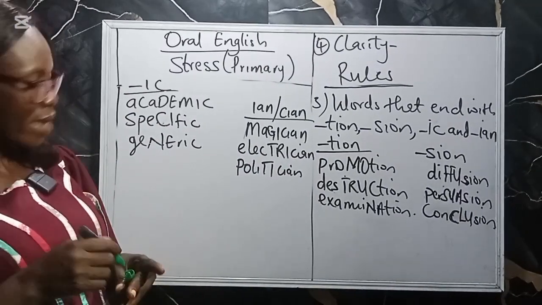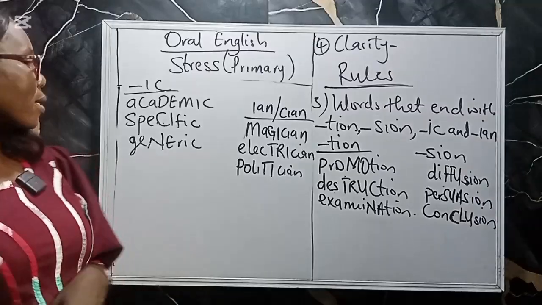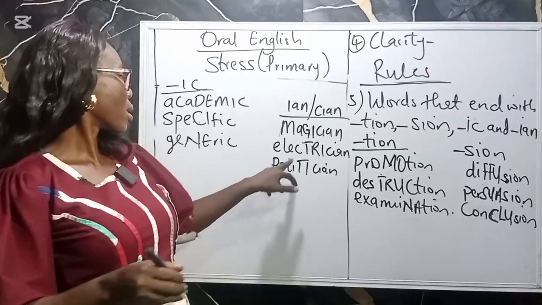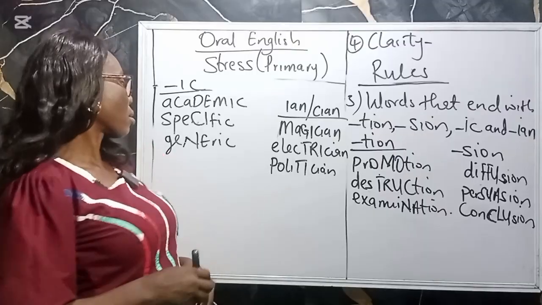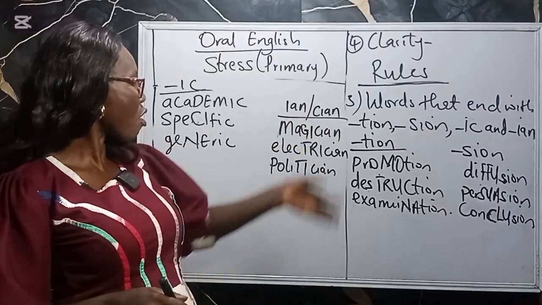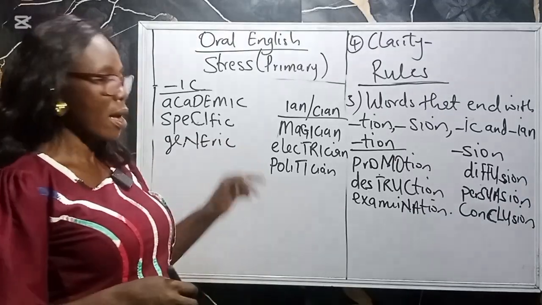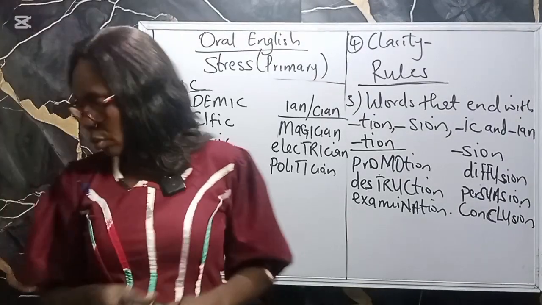So you can see the stressed syllable now. Magician, electrician, politician. So you can see the syllable before ian or cian is stressed. Alright, that is the third rule.